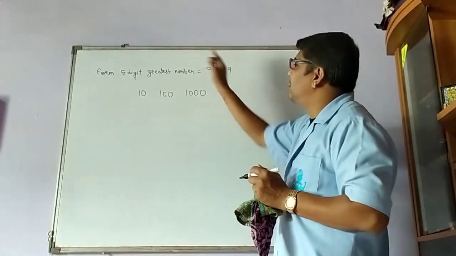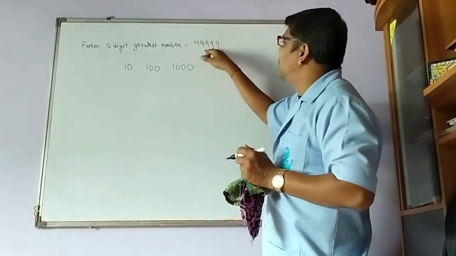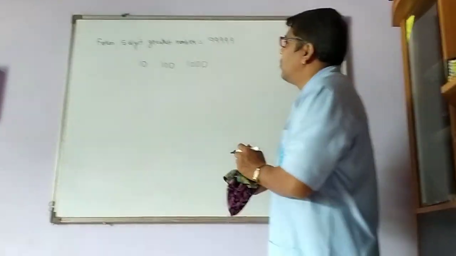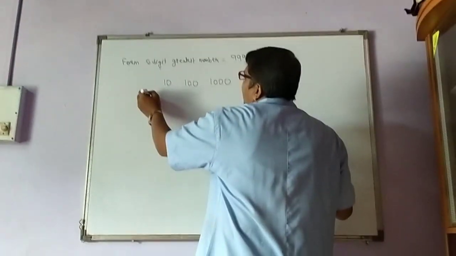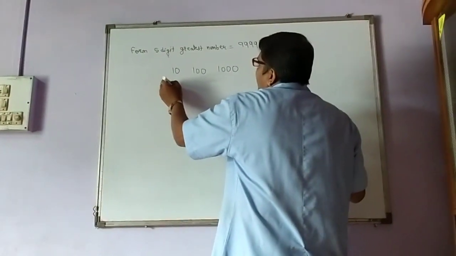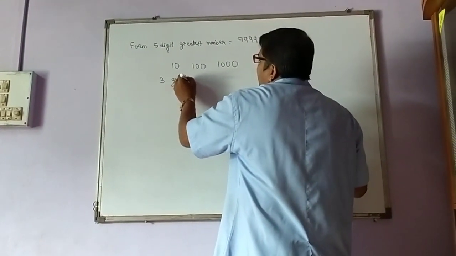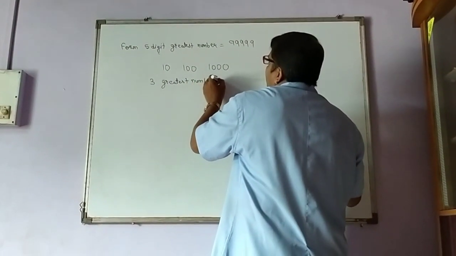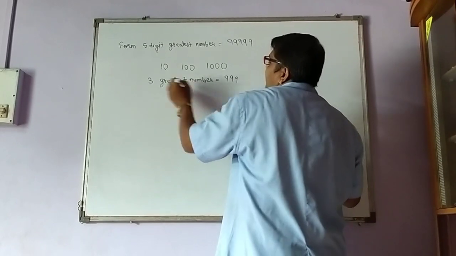Same way, when I am forming the greatest number, you can take the digit 9 that many times. Okay, for example, suppose I am forming the 3-digit greatest number, so it will be what? 999.